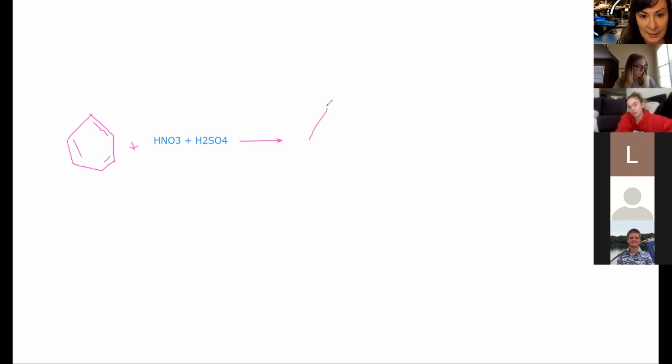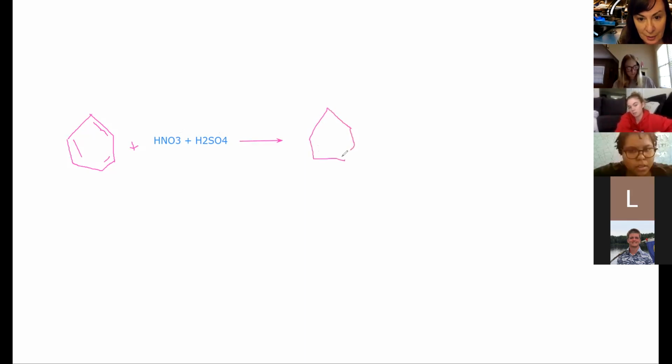What will I make as a result of that first reaction? Nitrobenzene, right? So here's my benzene ring, poor thing, looks really, really sad. And here is my nitro group.